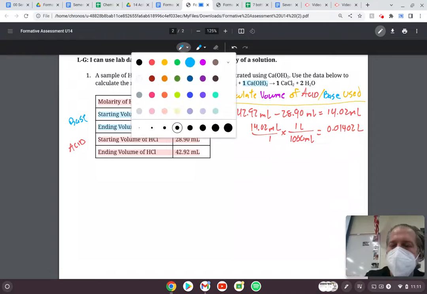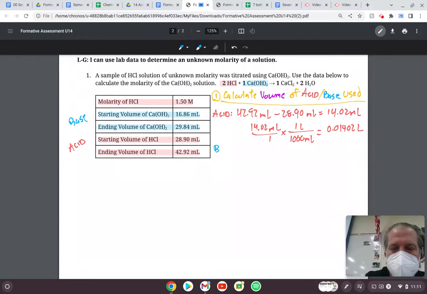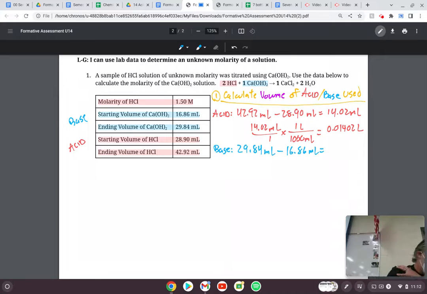The second thing that we did yesterday is we calculated the amount of base that we used. So I'm going to do that here, which is 29.84 milliliters minus 16.86 milliliters. So 29.84 minus 16.86 gives me 12.98.